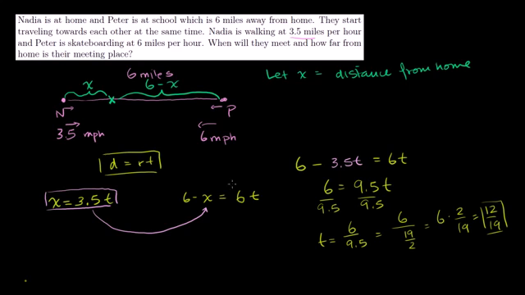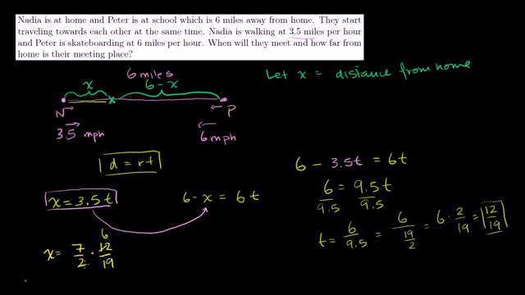And then if you ask the question, how far from home will they meet? If you want to figure out the x value, x is going to be equal to 3.5, or actually, instead of writing 3.5, I can write it as 7 over 2, times our time, 12 over 19.